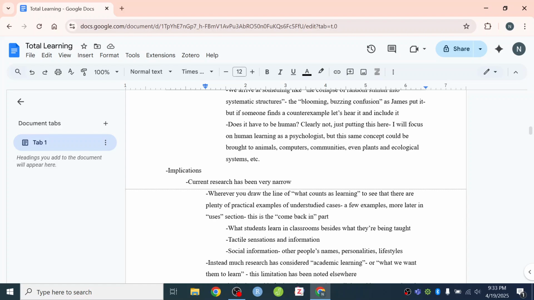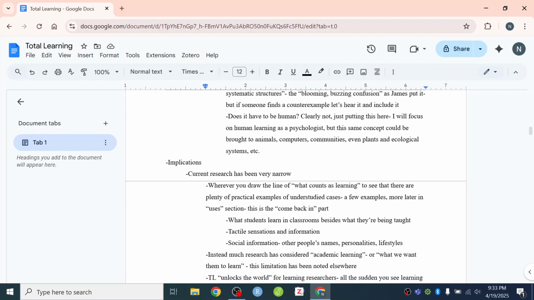How about tactile sensations and information? So much of the study of learning has been through vision and sound. There are some studies going on that have involved sense of smell. You do have this line of research of haptic feedback, but we know so much less about the learning that people do through their sense of touch, which certainly should count within the total learning framework, but which is understudied.